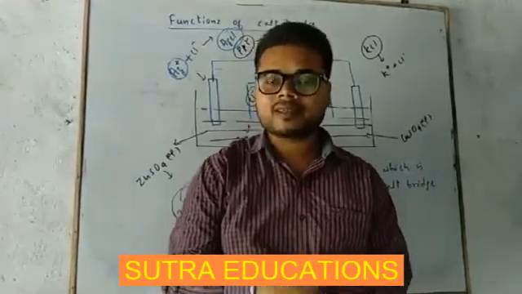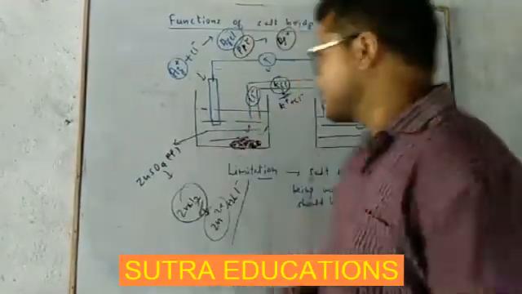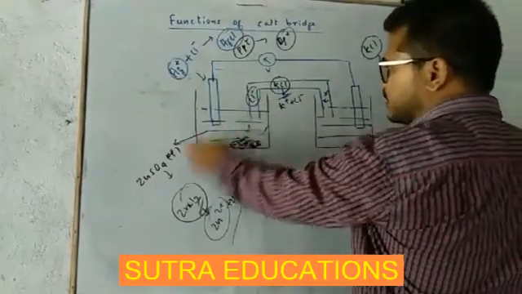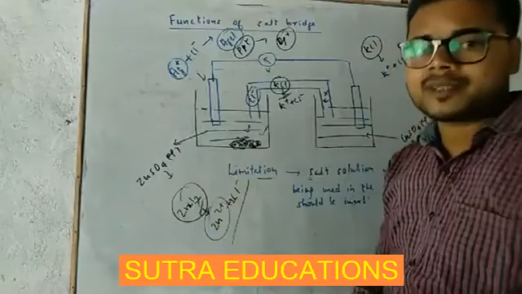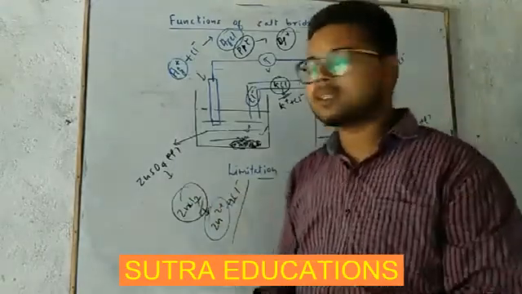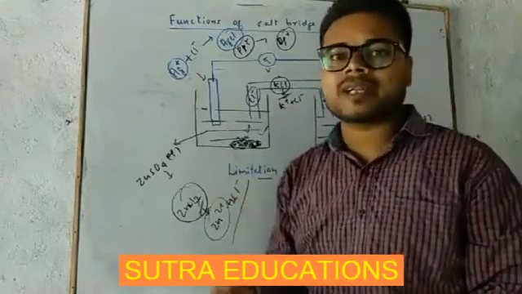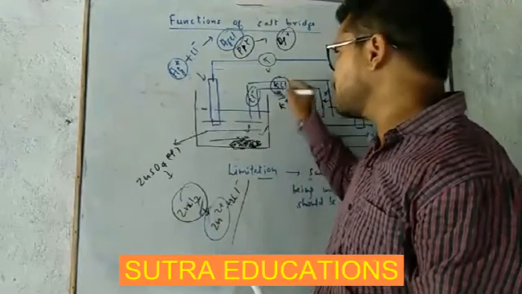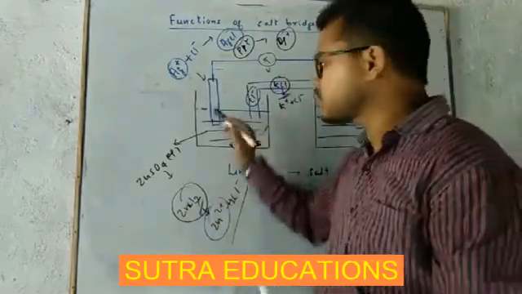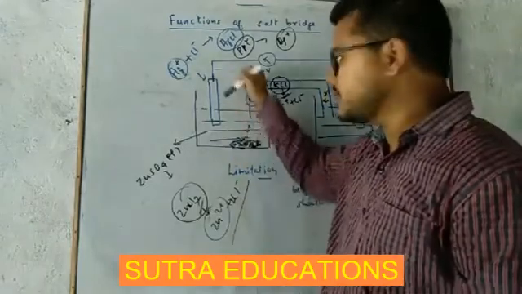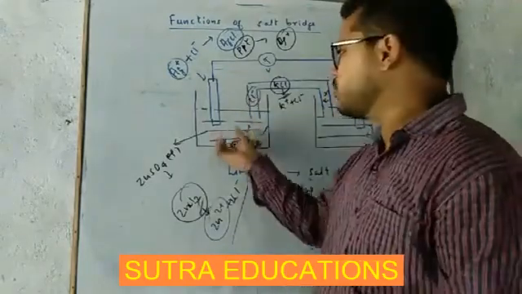Okay, inert means, for this instance, if Cl minus reacts with Zn, it will form ZnCl2, but again ZnCl2 will break into Zn2 plus, and the function of the electrolyte will not be affected. So inert means it is not inactive. Inert means it is not going to react, and in case it reacts with the metal electrode, then no harm will be there.